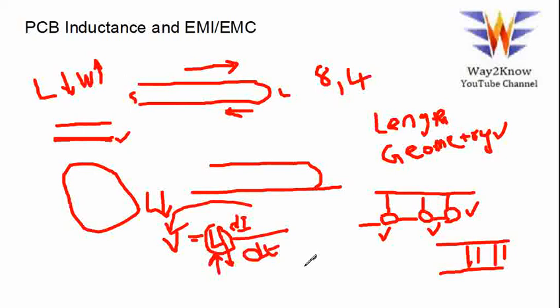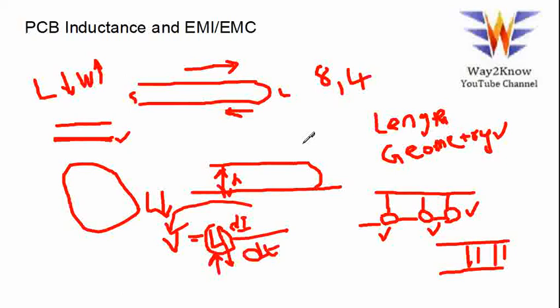And one more important scenario we have to mention here is the distance between the ground plane and the signal plane. This also plays a very important role while routing, while creating a stack up. We do have to take care.